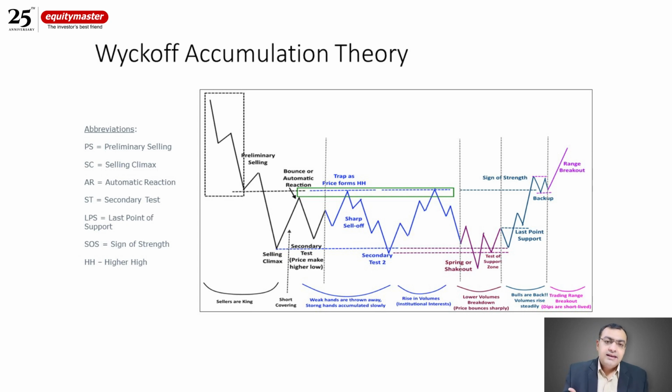When you find a selling climax volume, if you remember our previous video where we defined volume analysis, the pullbacks are on lower volumes, and again there is a bigger volume. Generally, bull trends and bear trends end with maximum volumes. If you haven't watched the previous video on volume analysis, do watch it, where we discussed Infosys as well.